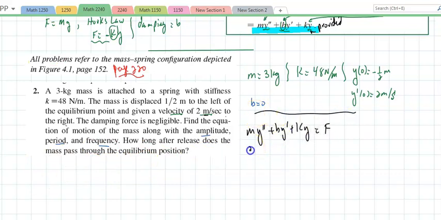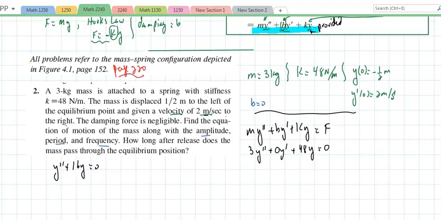So 3y double prime plus 0y prime, they said we have negligible damping force. K, they gave it to us to be 48. Again, in most books you have to find those, and the external force is 0. So pretty much I'm left with y double prime plus 16y equals 0.